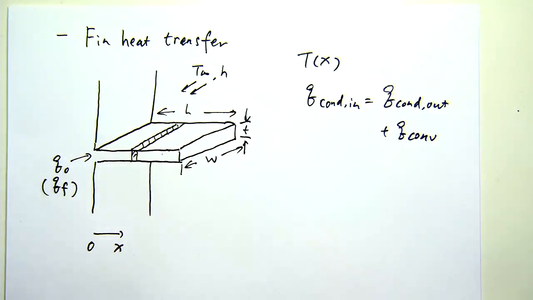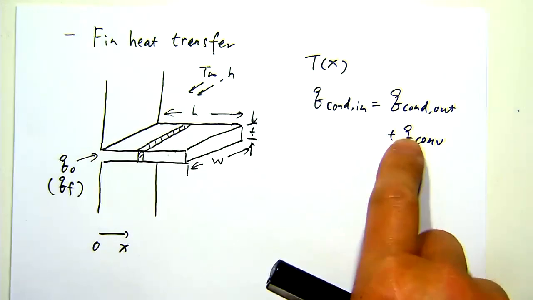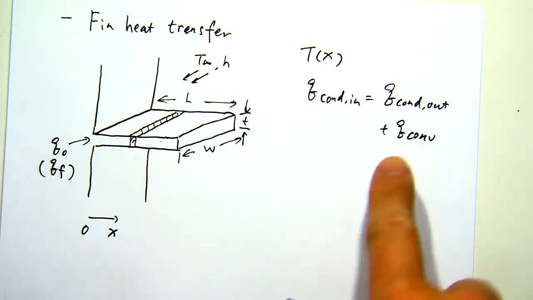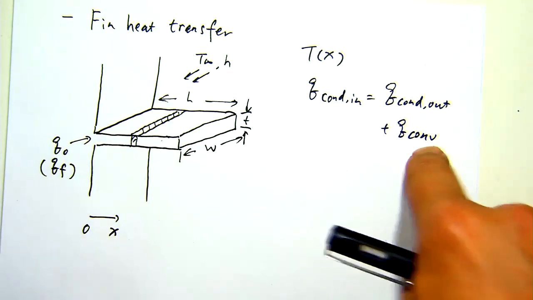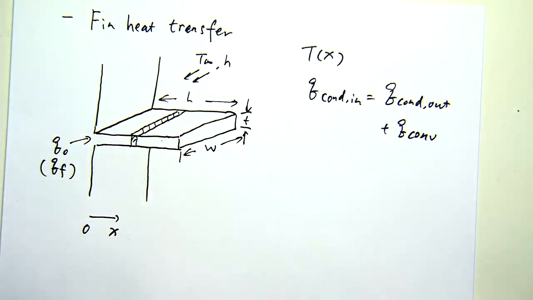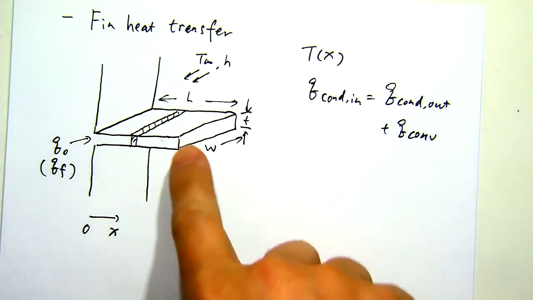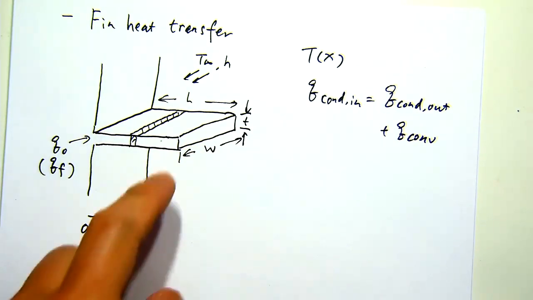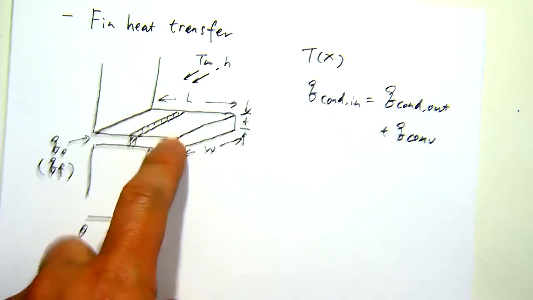The heat leaving the control volume by conduction is not lost, right? It's the heat that is convected from the surface area that actually gets lost. Certainly, at the end, we need to deal with the specific condition at the tip. But other than that, basically all the heat is lost through convection.